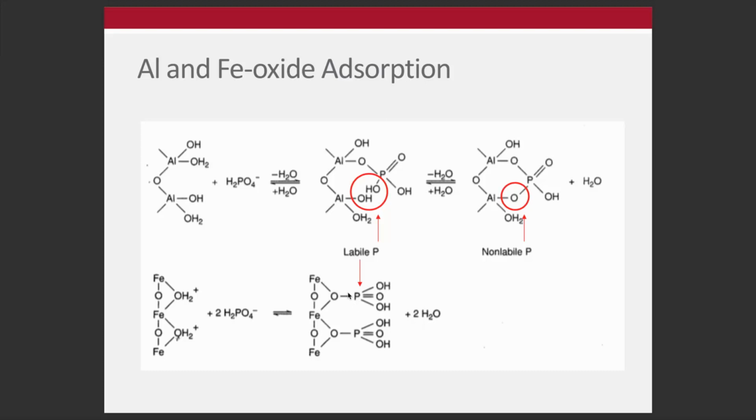And so this iron oxide would be considered relatively labile. So this is certainly not comprehensive. It's just an example of how phosphorus will react with these aluminum and iron surfaces, which of course occupy a huge amount of the total clay structure in soil.